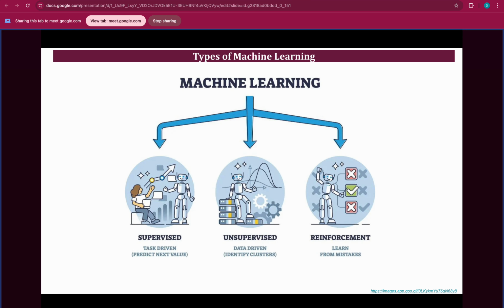Now we will look into different types of machine learning. There are other types as well, but we will be focusing on supervised and unsupervised for now. Supervised learning, as the name suggests, means somebody is supervising it, so it is generally task driven. When you have a task, you have to predict something, or you have labeled data. For example, I have a set of data which is already labeled, and whenever new data comes, I have to predict its label.